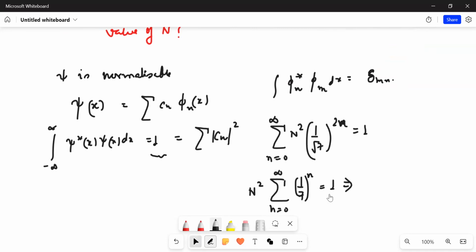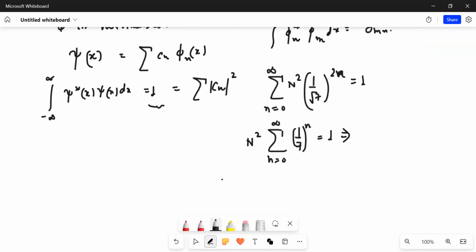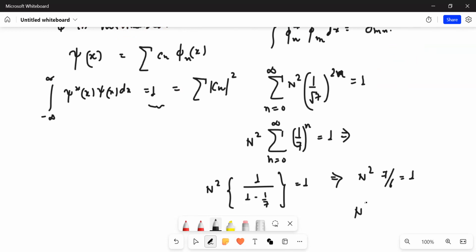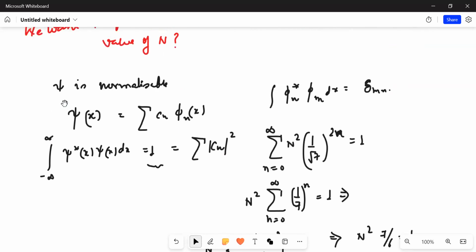This is an infinite geometric series, so the sum gives N square times 1 upon 1 minus 1 by 7 equal to 1, which implies N square times 7 by 6 is equal to 1, and therefore N equals root over 6 by 7. The value of the normalization constant N would be root over 6 by 7. I hope it is clear.